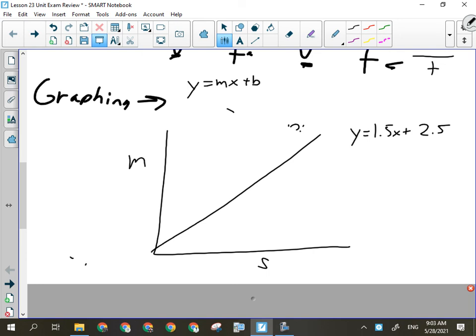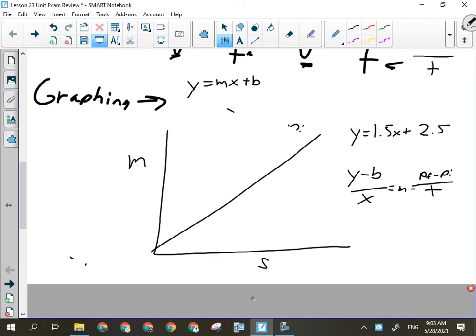How do we know that? This is my equation for the line. On the y-axis is position. On the x-axis is time. So if I manipulate for this number, what I'm doing is going y minus b over x equals m. Well, y is my final position, b is my initial position, x is time. That's the formula for velocity.